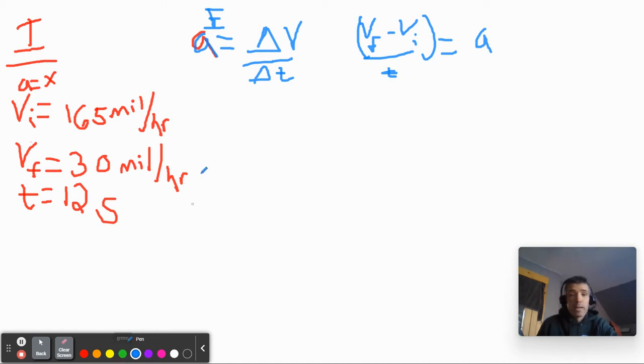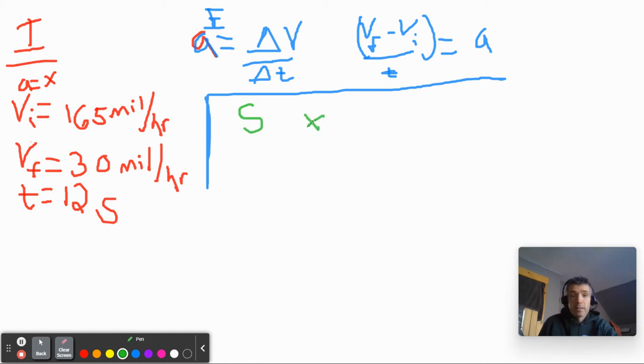Okay, now what is my substitution step going to be? The third step, well, that's going to look like this. X equals 30 miles an hour minus 165.